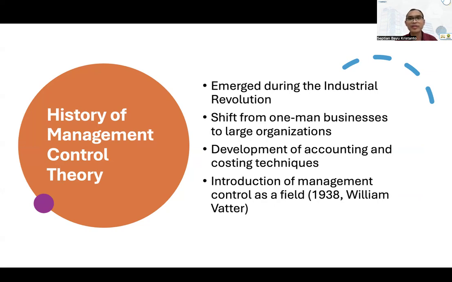At the start of the industrial revolution era, a lot of business changed from human labor into industrialization, like the invention of machines and efficiency in our organizations. So we had some development in accounting and costing techniques.